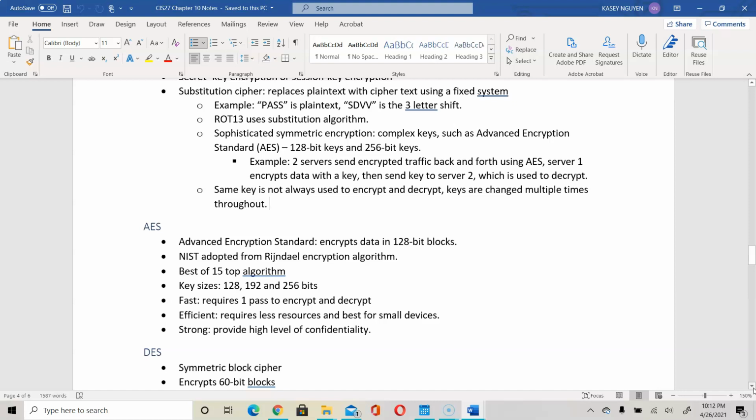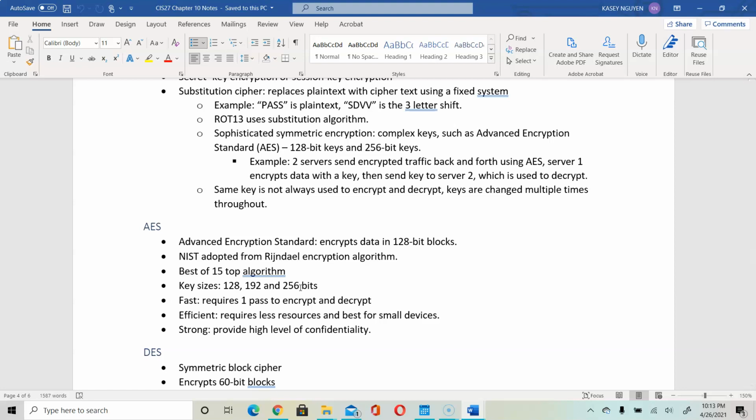Now, NIST adopted the Rijndael encryption algorithm, the best, which is to remain within the top 15 for the algorithm. The key sizes for AES would be 128, 192, or 256 bits. You often see 128-bit and 256-bit length keys being used.